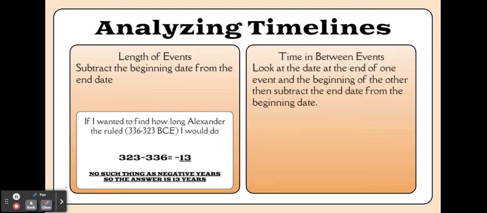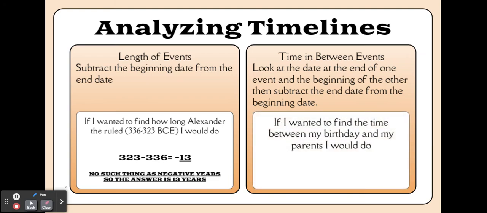Now let's look at time in between events. We want to look at the end of the one event. If the event happens for multiple years, like if Alexander the Great is ruling, you're going to take the end date of one and the beginning of the other, and subtract. For example, let's look at my parents' and my birthdays. If I wanted to figure out the time that passed between when my parents were born and when I was born, I would have 1971 minus 1997.